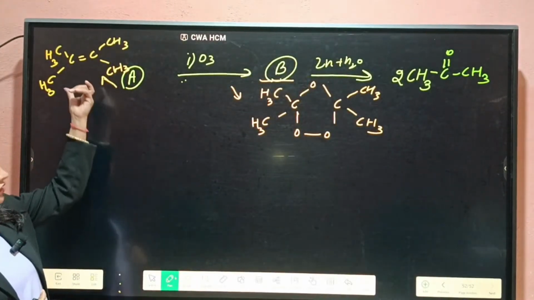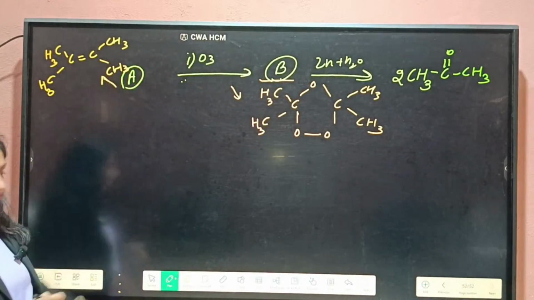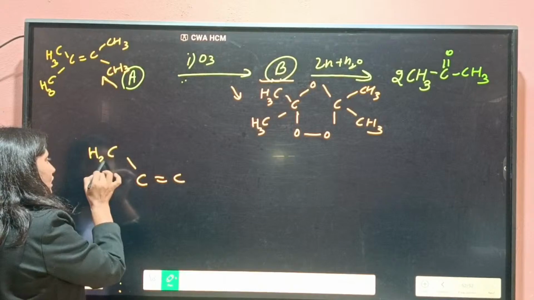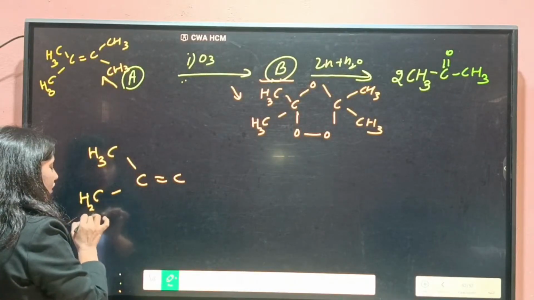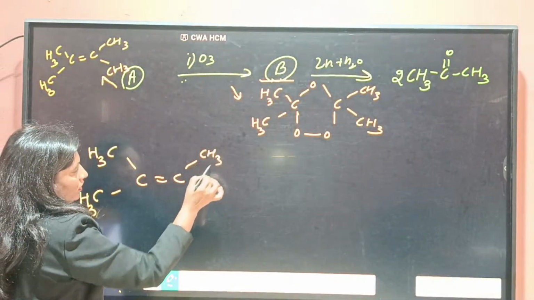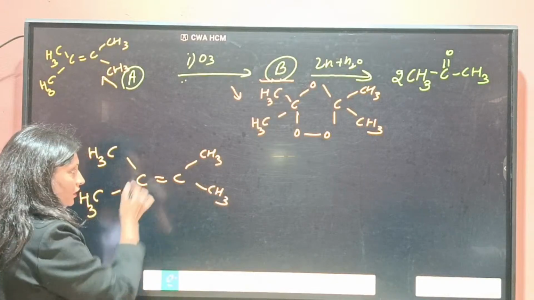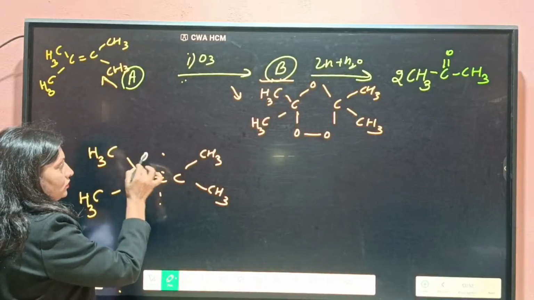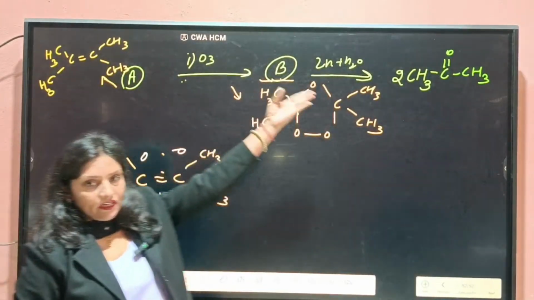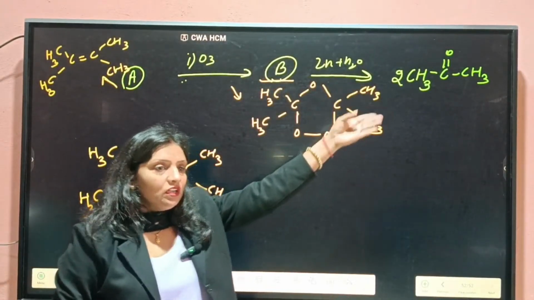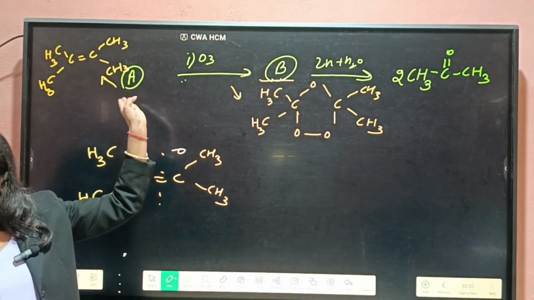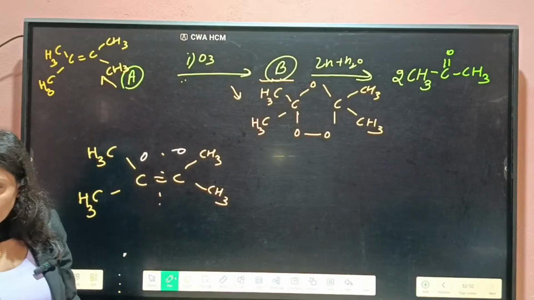If this one is given, then simply break this bond. You will give oxygen to this one and oxygen to this one. If that one is given, then remove this oxygen. Then you can write this one. Clear or not? Ozonolysis clear to all?